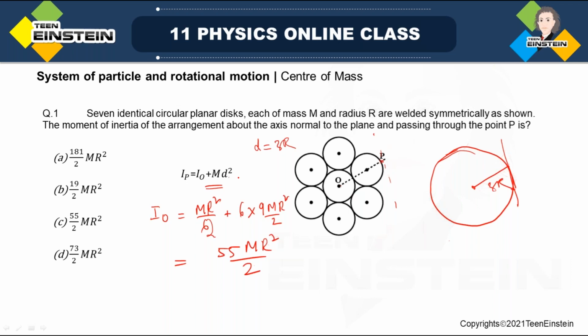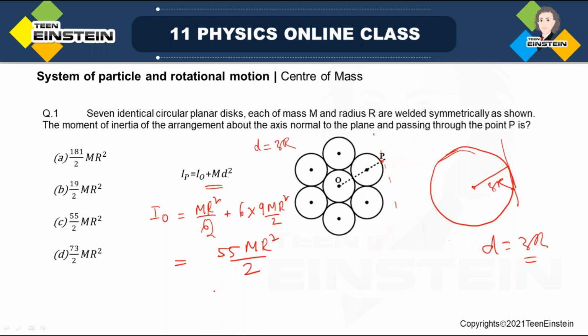So we use the moment of inertia I_O plus m d square, where d will be 3r. That is for one of these disks, and I have 7 of them.